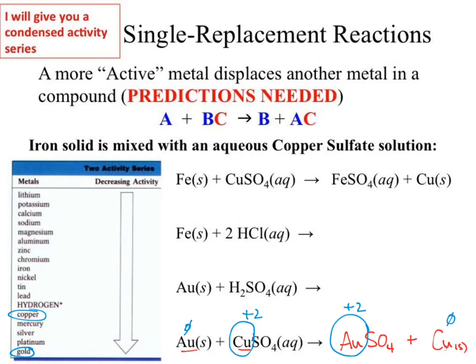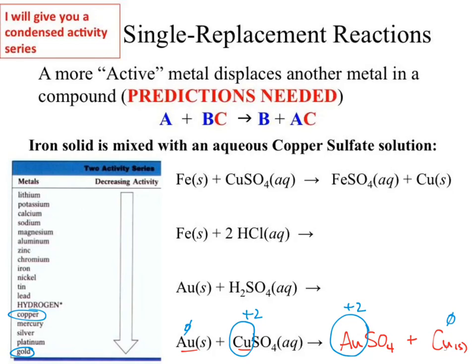I don't want to hear react. Nope. Copper wants to be an ion. It has nothing to do with whether the reaction's occurring or not. Copper wants to be the ion. Okay? So if I'm going to compare these two, copper and gold, the side of my reaction that has copper as an ion is going to be the side that works.